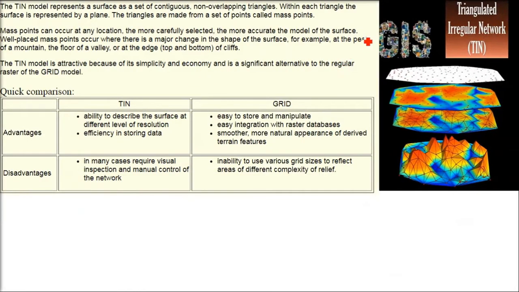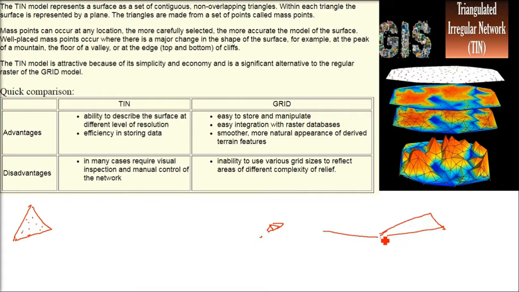So this TIN model is representing a set of contiguous, non-overlapping triangles. Each triangle has a surface which represents a plane, and triangles are made up of a set of points which are called the mass points. These mass points have equal heights within a single triangle, and when the height is varying, you have to make a lot of triangles.